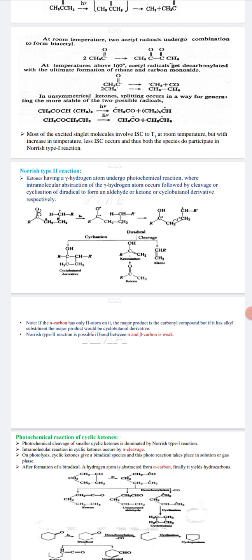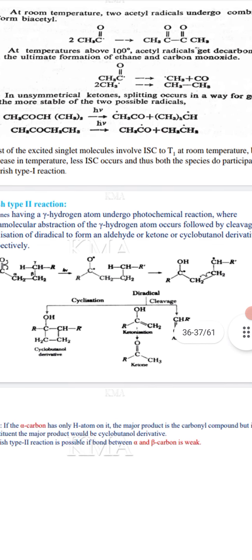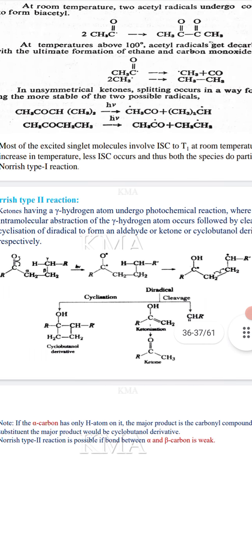In unsymmetrical ketones, splitting occurs in a way that generates the more stable of the two possible radicals. So you can see this is an unsymmetrical ketone, CH3CO CH2CH3.